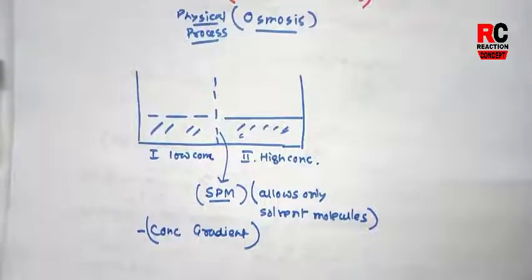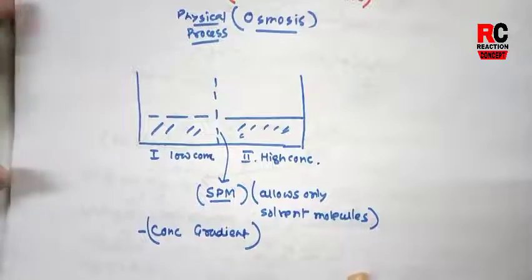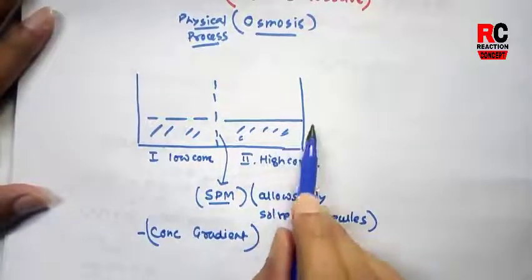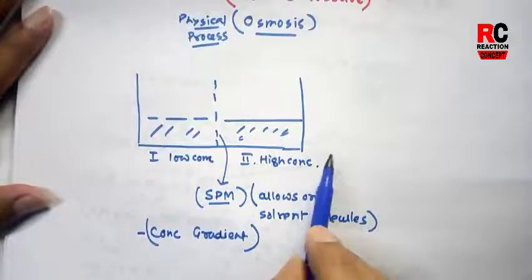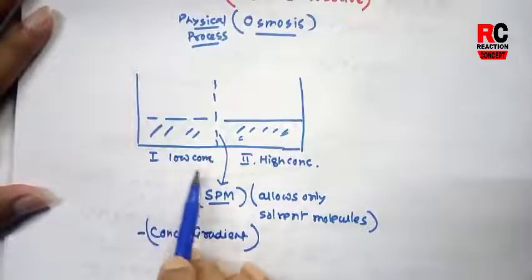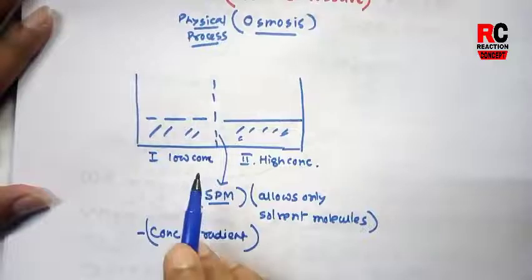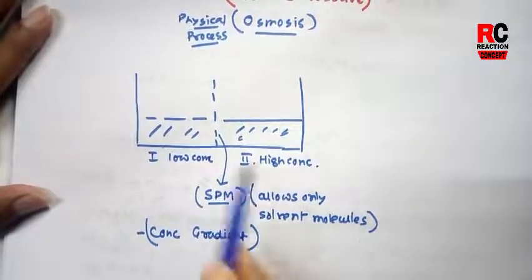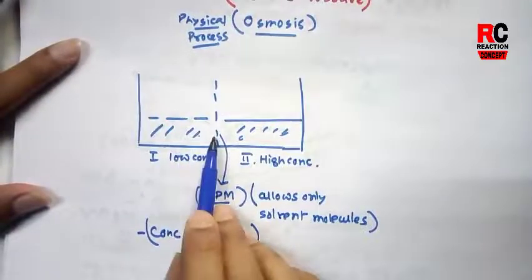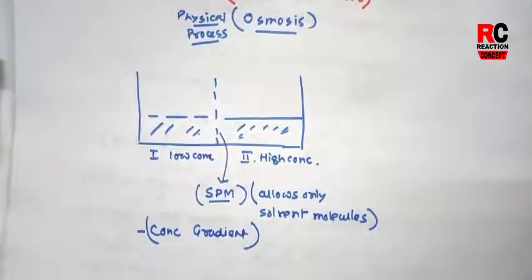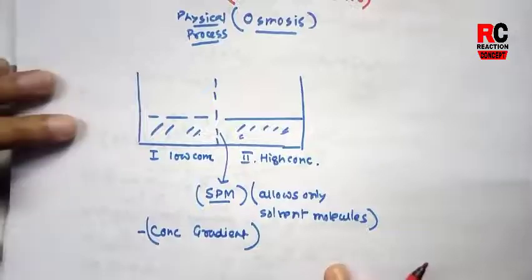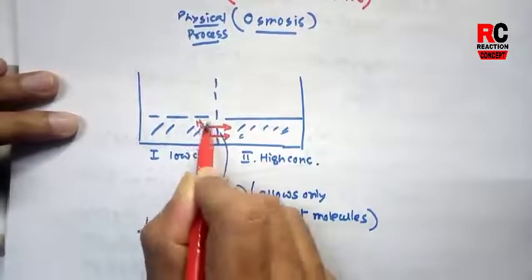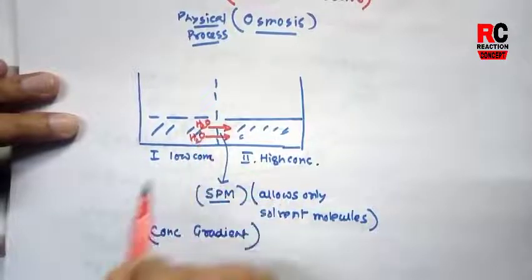The higher concentration solution will try to minimize its concentration, whereas the low concentration solution will try to increase its concentration. For this, the solvent molecules from the low concentration solution will pass through the semi-permeable membrane to the high concentration solution. Only the solvent molecule, that is the water molecule.